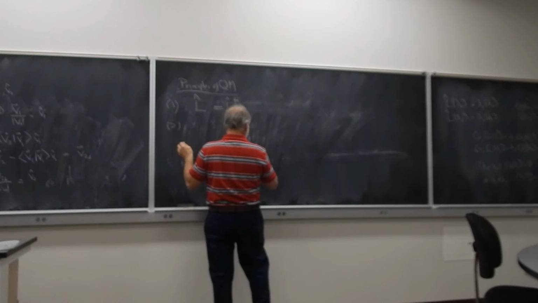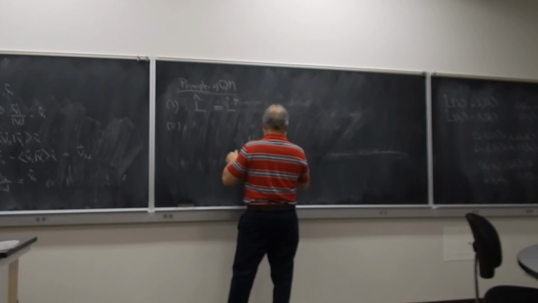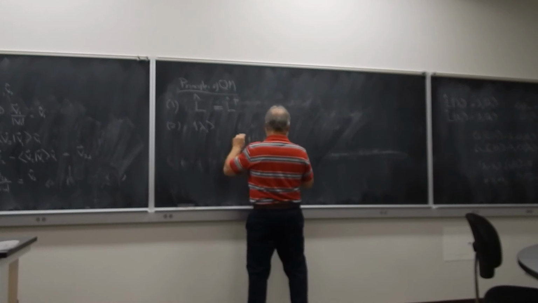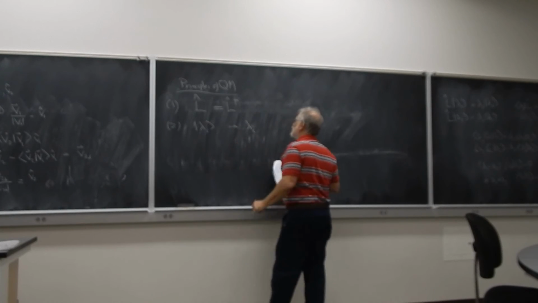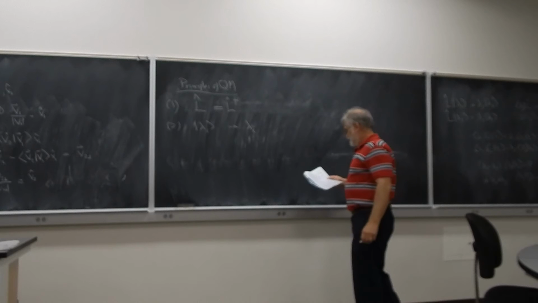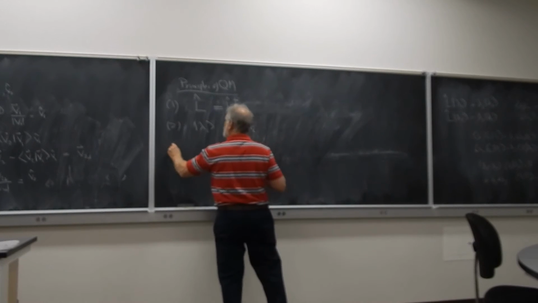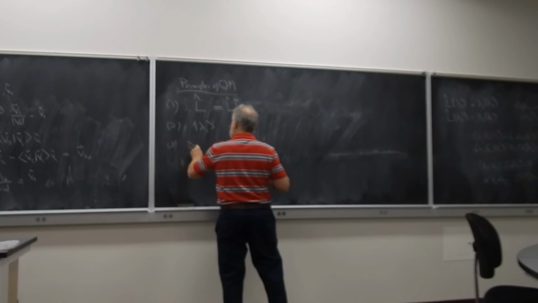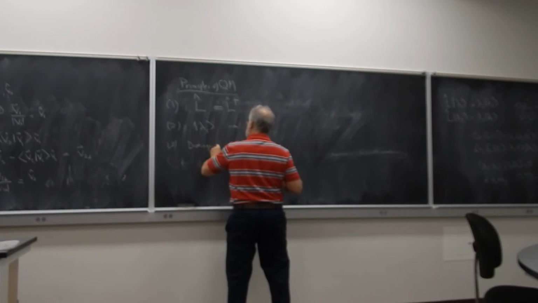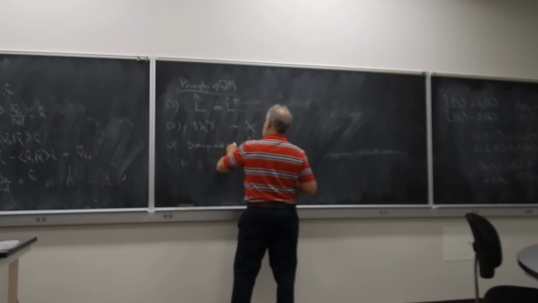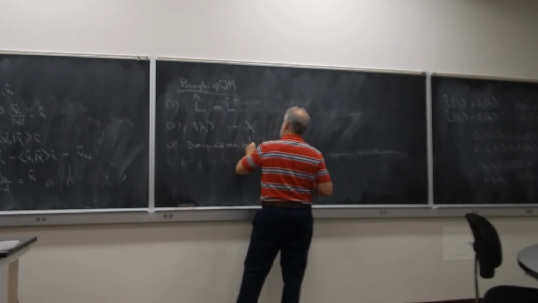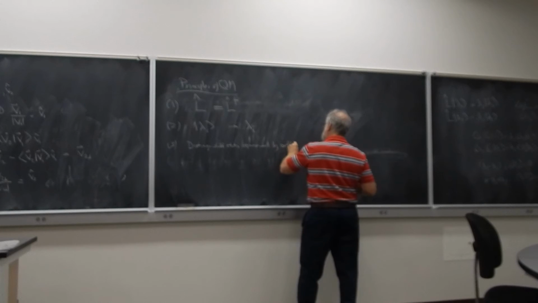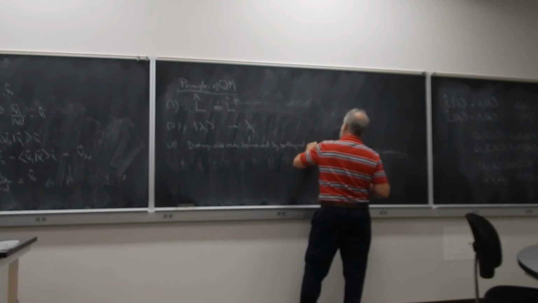Which brings us to principle 2. If the system is in eigenstate lambda sub i, the result of the measurement is guaranteed to be eigenvalue lambda sub i. Principle 3, distinguishable states are represented by orthogonal vectors.